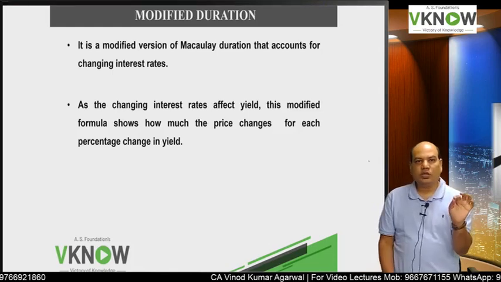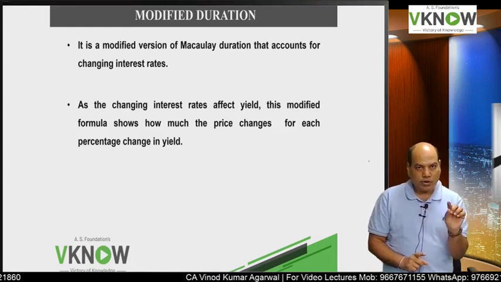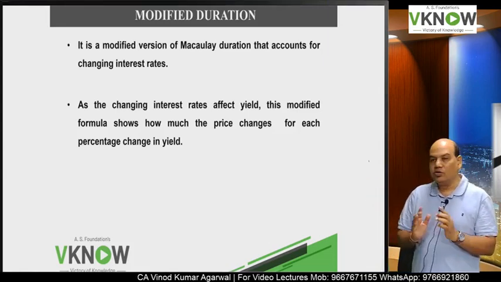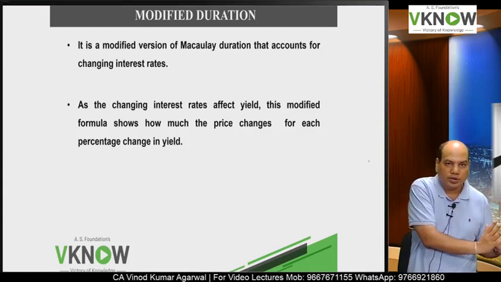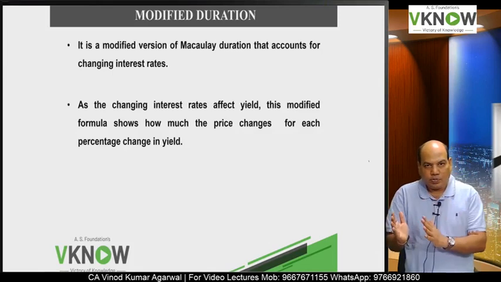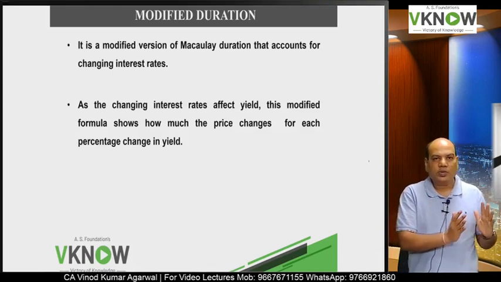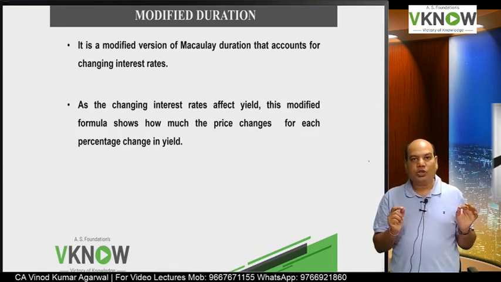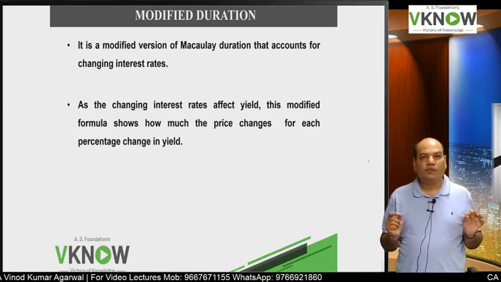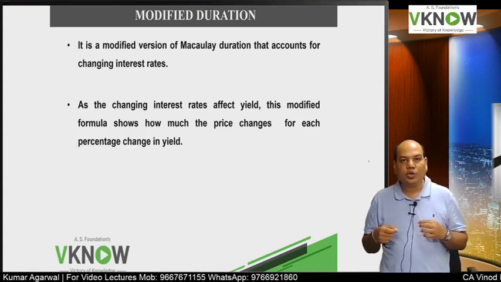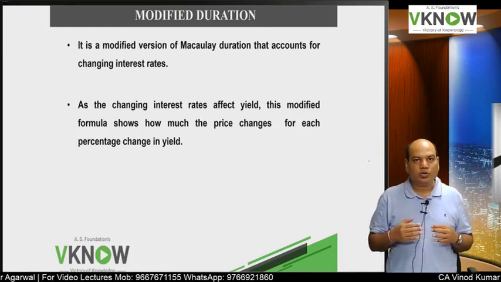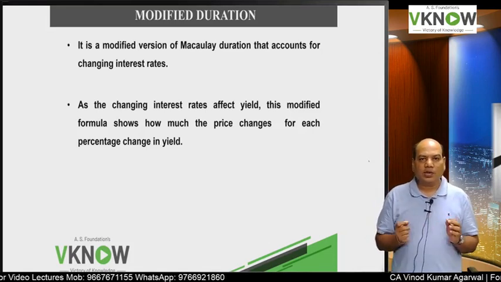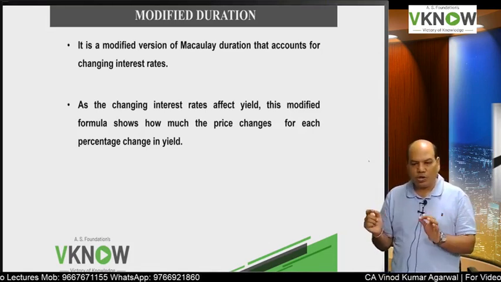So, if modified duration is 3.5, it means if YTM changes by 1%, bond price will change by approximately 3.5%. Now, I am using the word approximately because modified duration does not give you accurate answer, but it gives you approximate answer as long as the change in YTM is not very high.